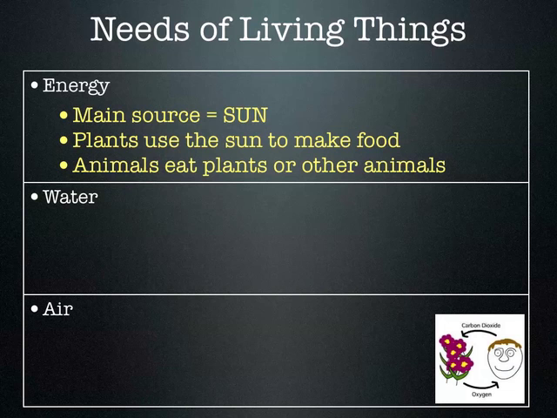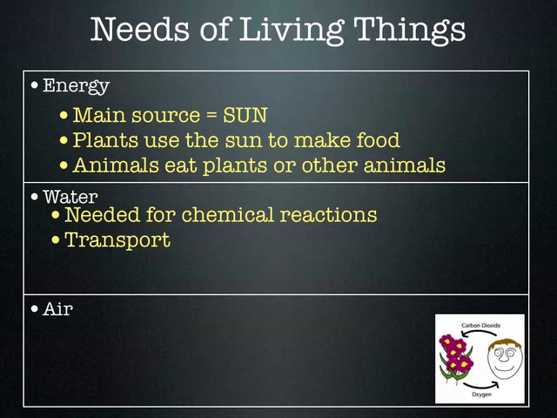All living things must have a source of energy in the foods that they eat. Second, all living things must have water. Water is extremely important. It's needed by our body for all of the chemical reactions that take place in our body. We have to have water.